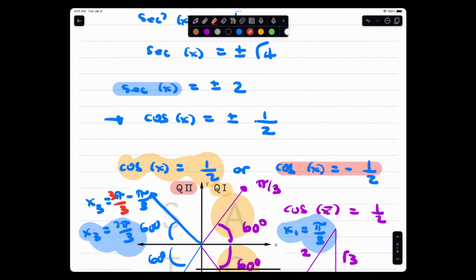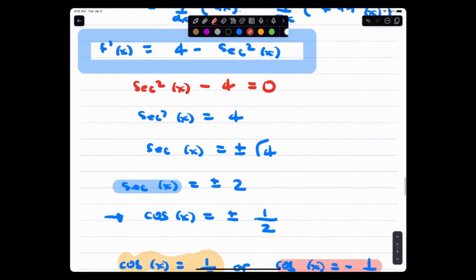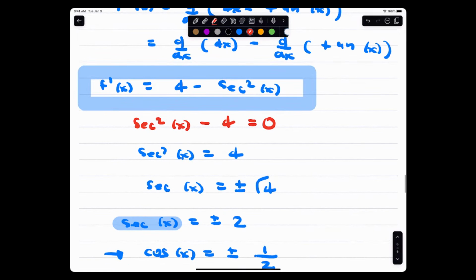Go back over here. We've got to be concerned. What about secant? What do you guys know about secant? Where is cosine 0?